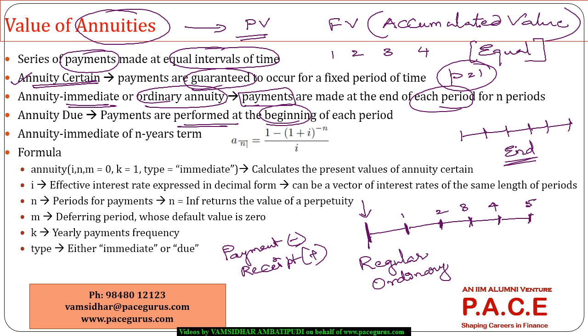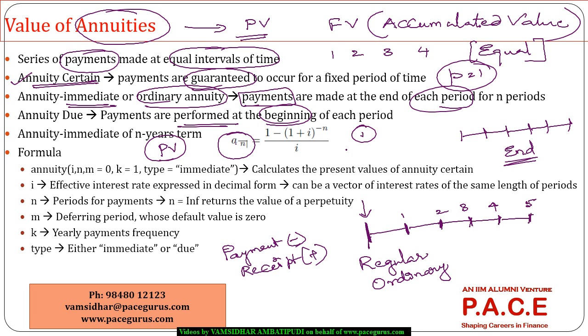Now, when we are talking about this particular annuity, we can find out the present value of all those future cash flows that we are going to receive at the end of each of the periods. The present value is generally represented with this term a angle n, which is nothing but a regular annuity. Up to n periods, I am going to receive an amount of 1 at the end of each of the periods.